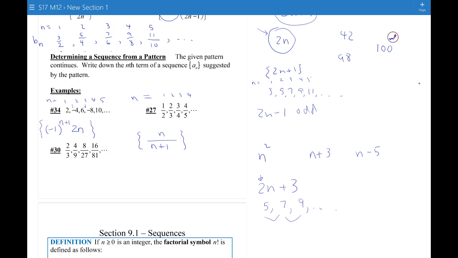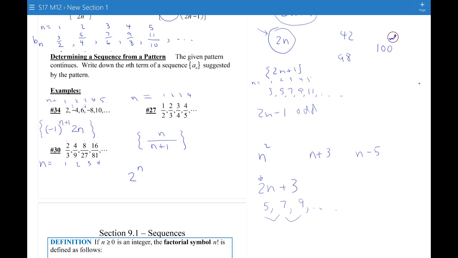Okay, so I'm seeing 2, 4, 8, 16. So let me write n equals 1, 2, 3, 4. So the numbers are doubling. So that should make you start thinking about exponentials, because exponentials double. So if I have 2 to the n, that looks like that's giving me the numerators.